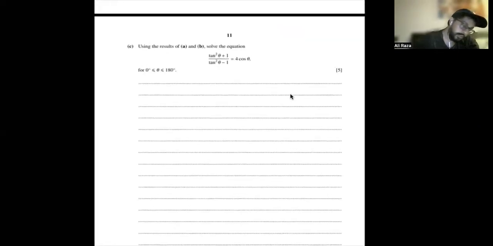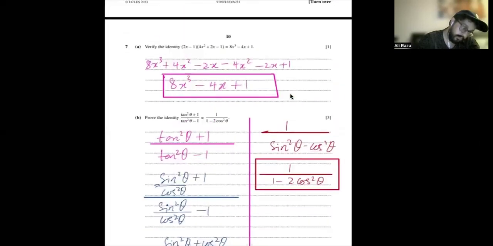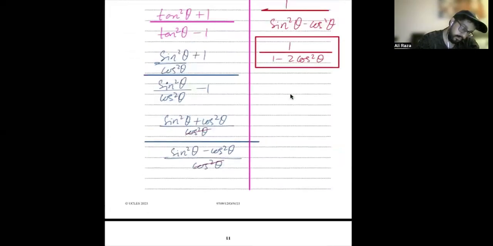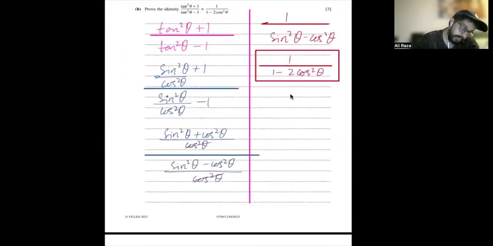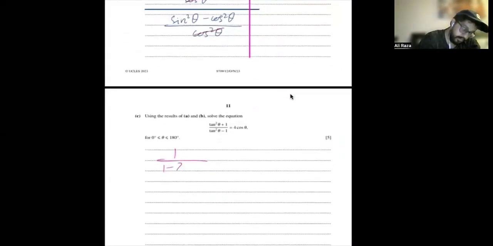Using the results of part A and B, we will solve this equation now. Tan square plus 1 and tan square minus 1 gives us 1 over 1 minus 2 cos square theta is equal to 4 cos theta.